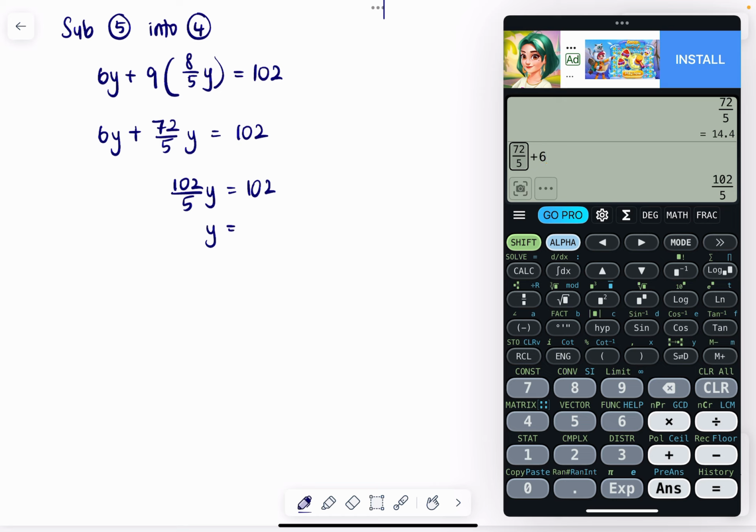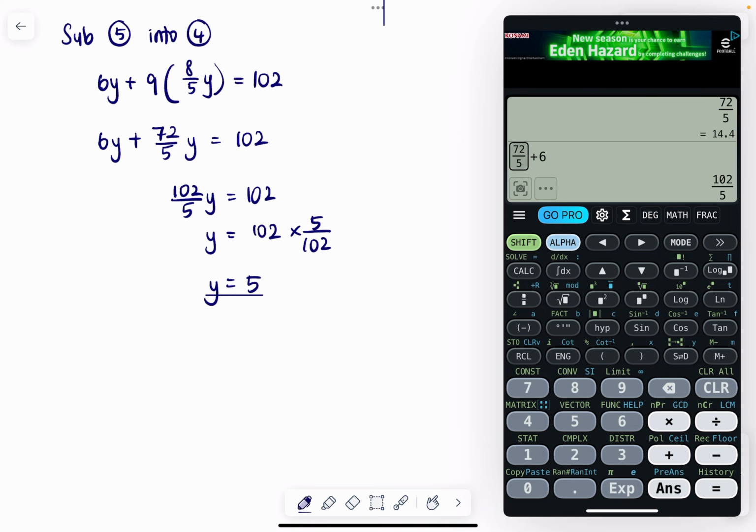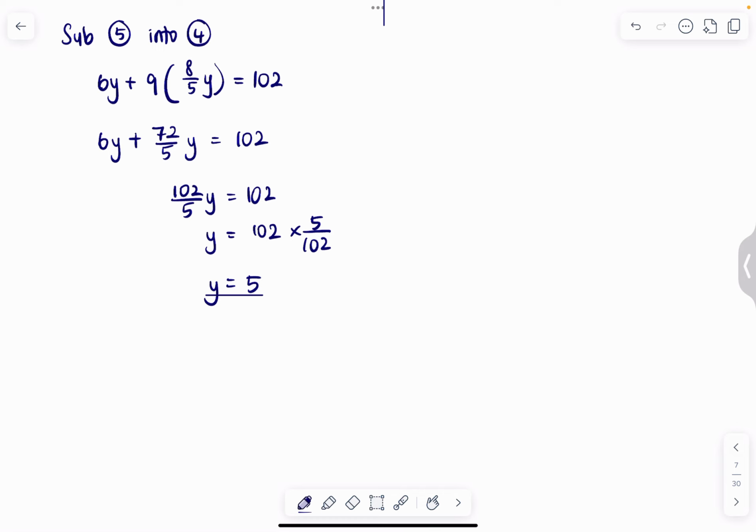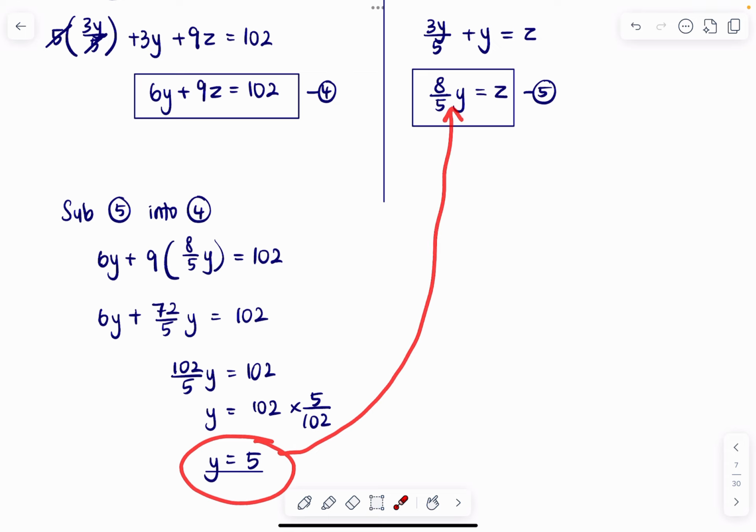Therefore y equals to 5 times 100. Basically 102 times 5 over 102. We'll get 5. Done. Okay. So one unknown settled. So since we have the y already, we can find z by subbing into equation 5 back.